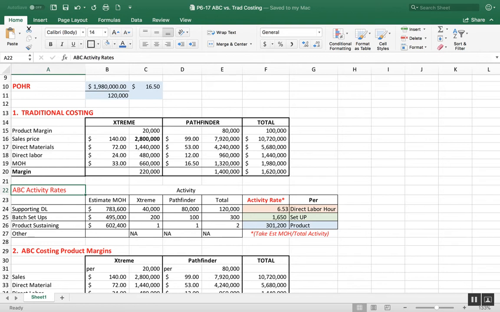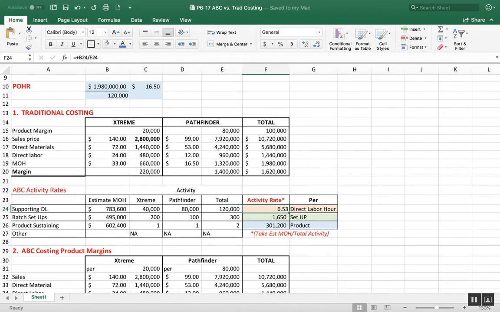So for example, the supporting direct labor hour is, I guess I did write that down, $783,600. That's the estimated manufacturing overhead. And then to get the per activity rate, you simply take the total estimated overhead and divide that by the total, which is in this case $6.53.